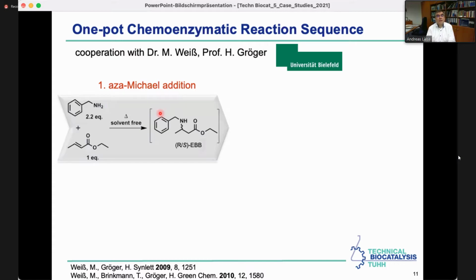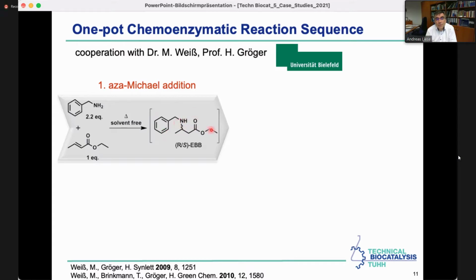So we're starting up with this phenyltyramine, you can see here, and that's this chiral structure. So in the end, it's an ester and an amide, what you have to see. And this is a chemical reaction. If we heat this, we form this racemic intermediate, which is an ester and an amine.